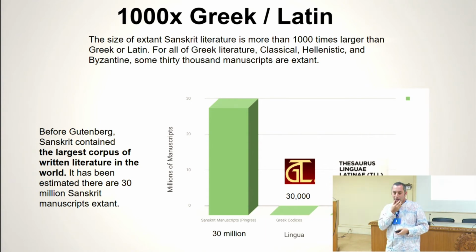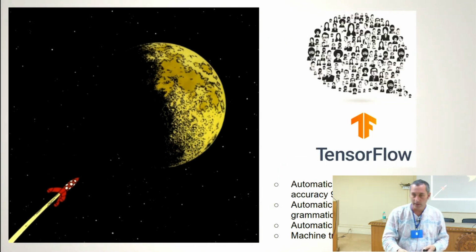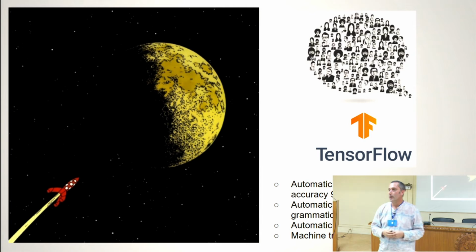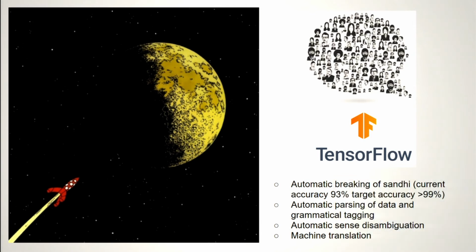I see it as quite an insoluble problem without two things. It needs crowdsourcing. There's no way you can do it as an individual effort. Even if Oliver Hellwig lived 1,000 years, it would not happen. And we've got to use neural networks, convolutional neural networks. What we can do with the AI is automatic breaking of the sandhi, and I think we can get up to 99%.